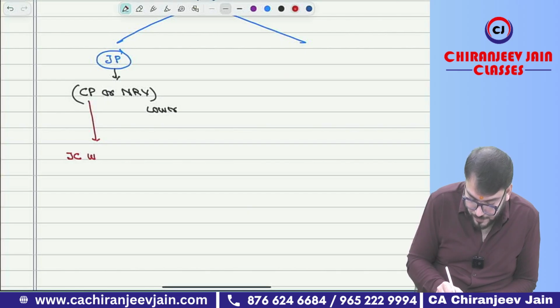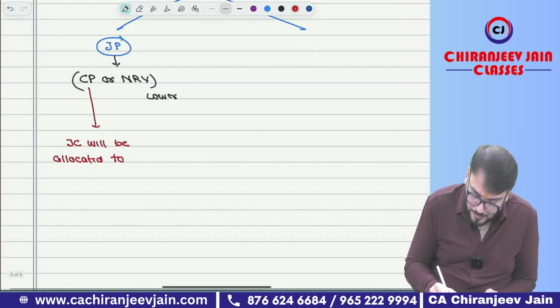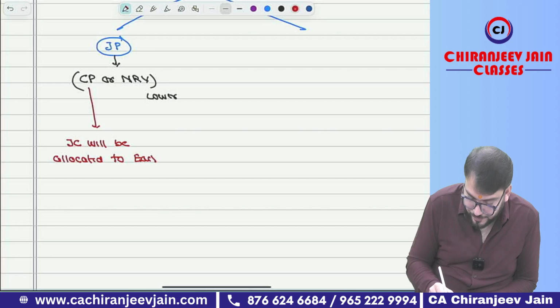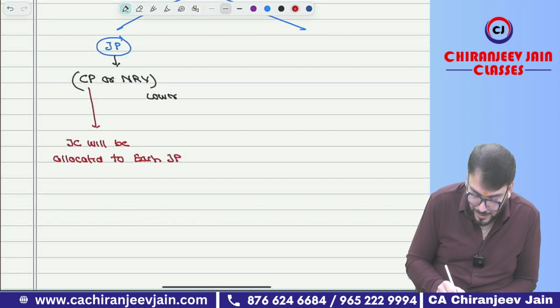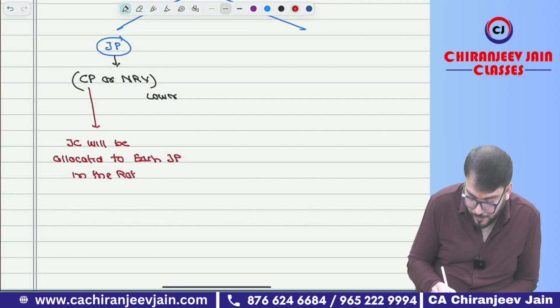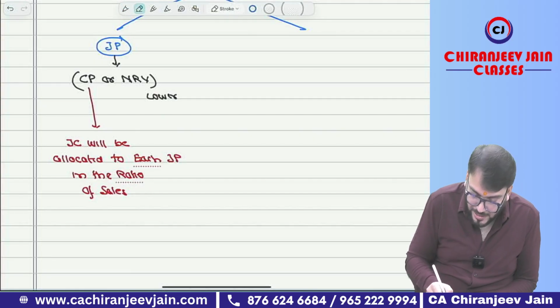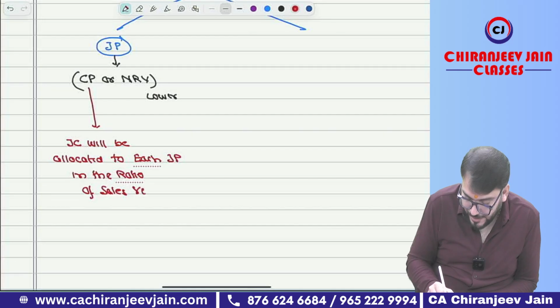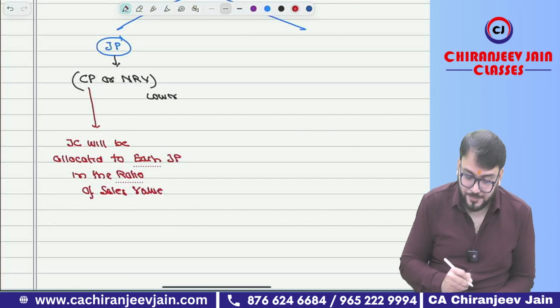Joint cost will be allocated to each joint product in the ratio of sales value, correct.